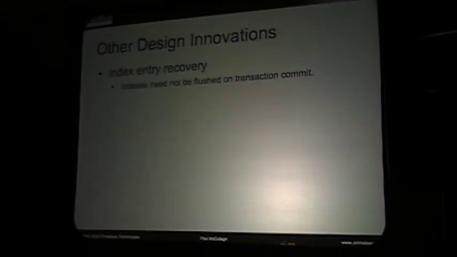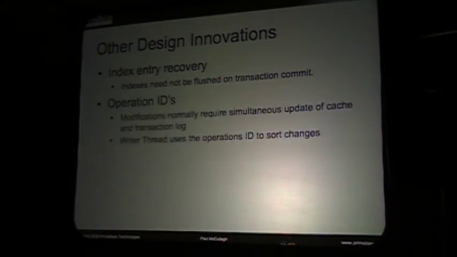And so the particular design innovations that are involved here, I've already been talking about the index entry recovery. What I didn't mention is the operation IDs. Now, if you are doing an update, you actually have to synchronize the update of the cache.